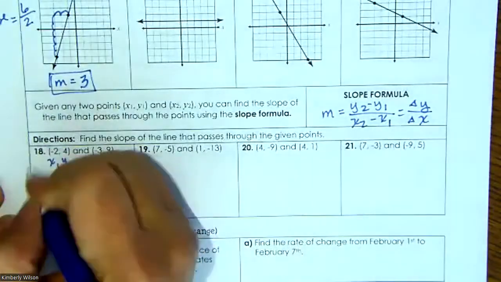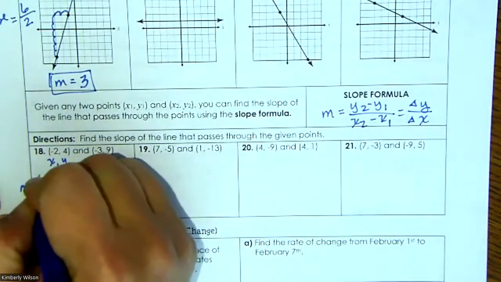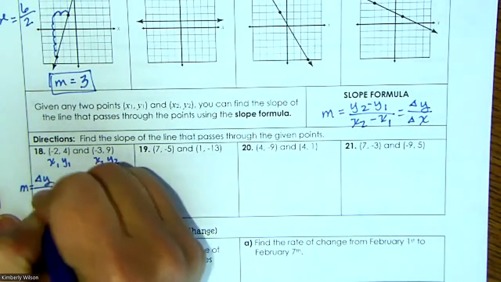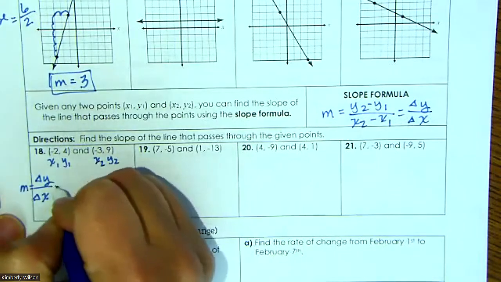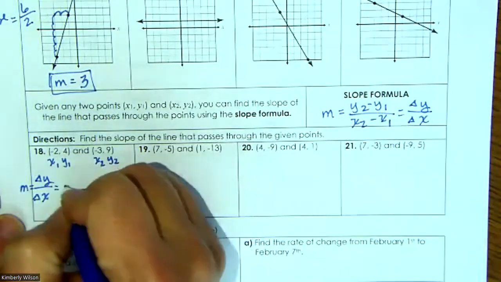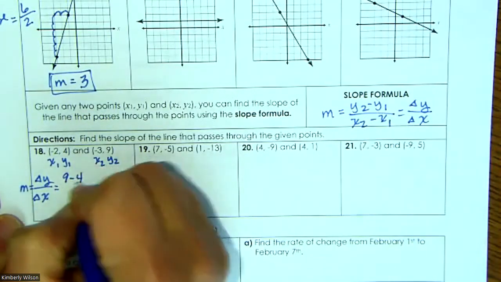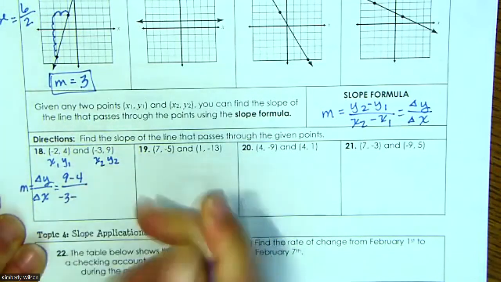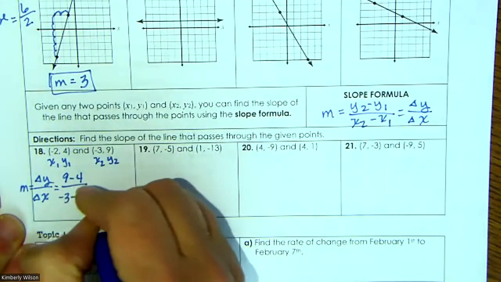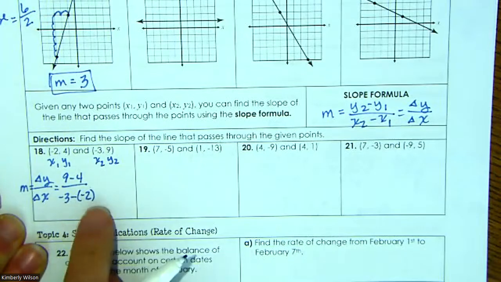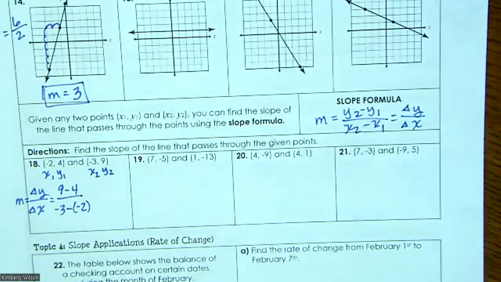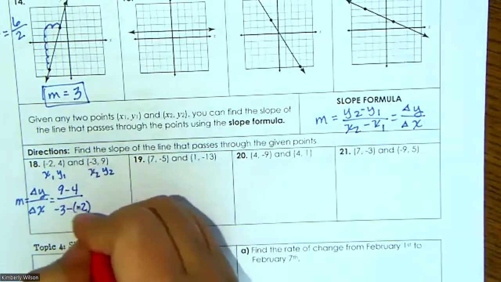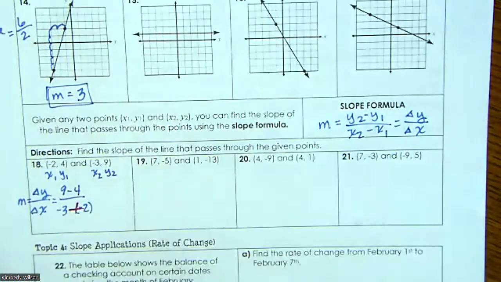All right, so we have to find our slope. It's the change in y over the change in x. So I've got to do my y value. I'm going to have 9 minus 4 over -3 minus -2. It's not -3 minus 2. It's -3 minus -2, which means the double negative becomes a big plus.